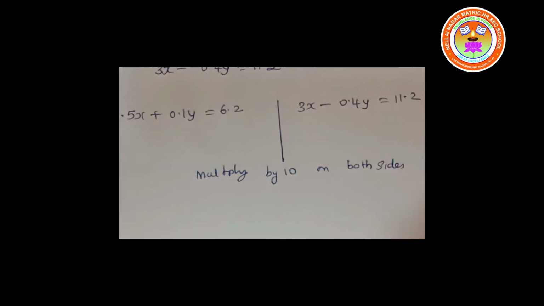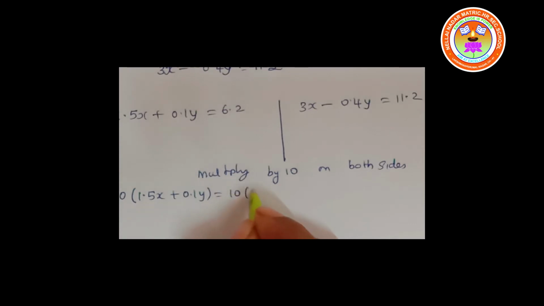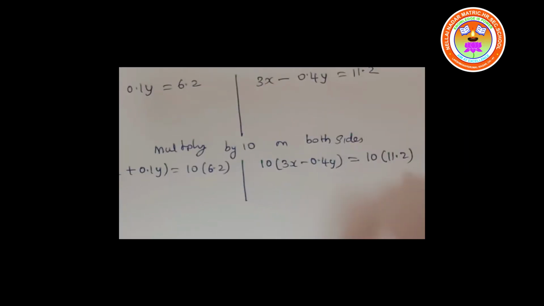So what do you get, children? If you multiply with 10 into 1.5x plus 0.1y equal to 10 into 6.2. 10 into 3x minus 0.4y, left side and right side also multiply with 10. That is multiply by 10 on both sides. Is it clear, children?